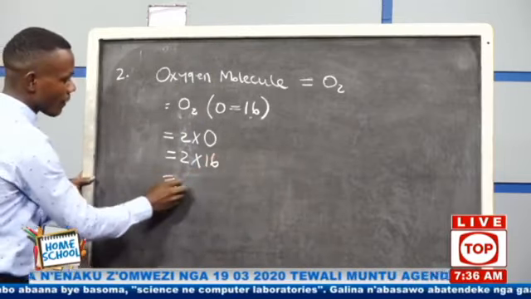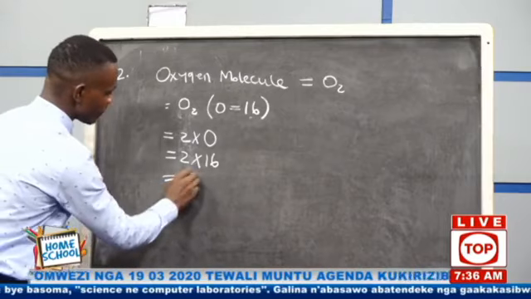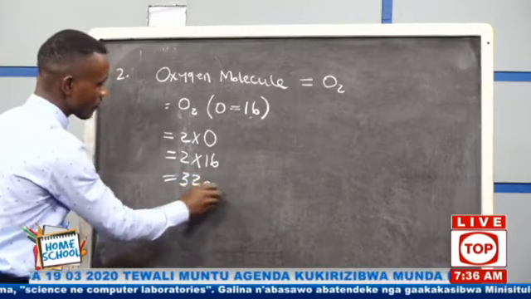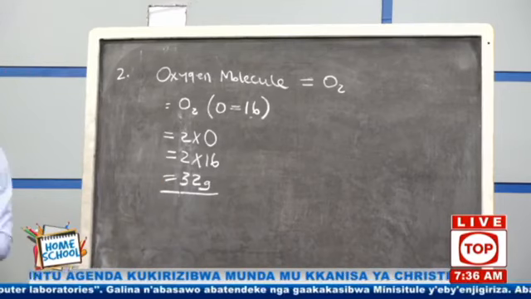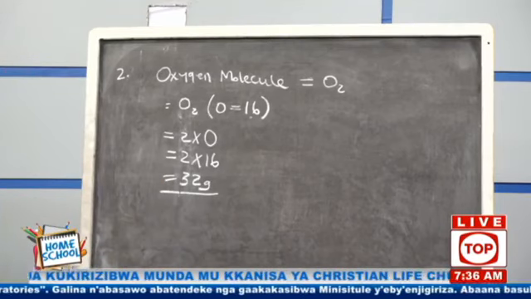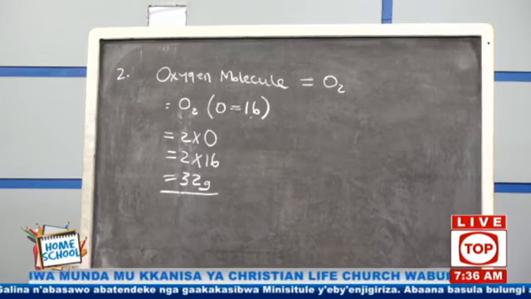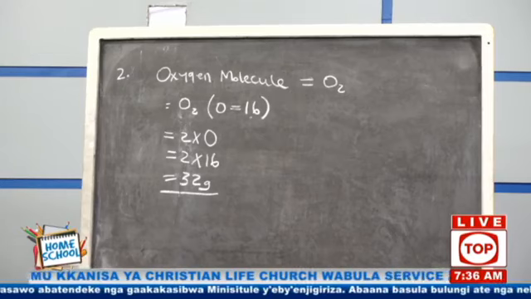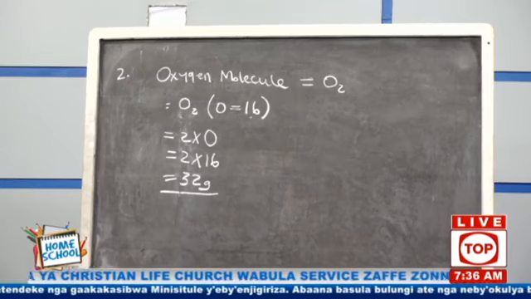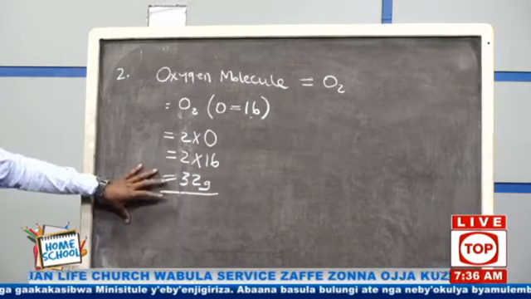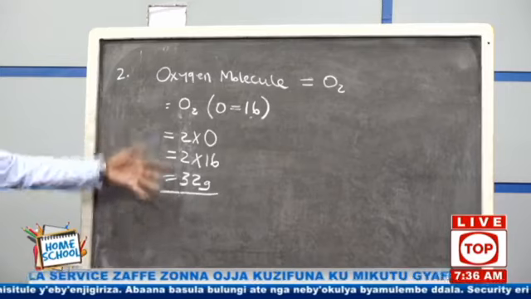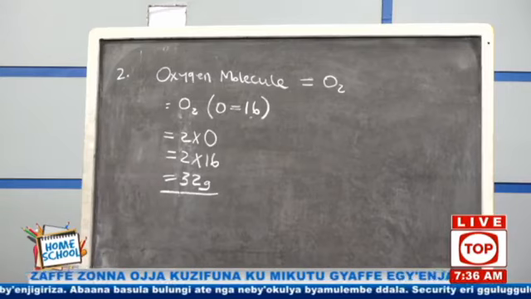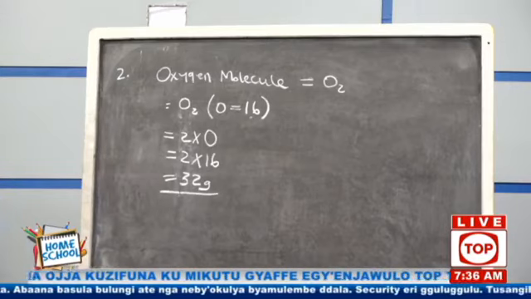Now you come up with your answer, which is 32 grams. That means the formula mass of oxygen molecule is 32 grams. It is very simple, involving few steps, but you need to be accurate and you need to write well.